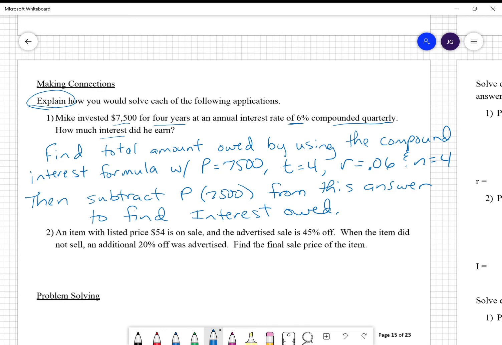Okay, an item with a listed price $54 is on sale and the advertised sale is 45% off. When the item did not sell, an additional 20% off was advertised. Find the final sale price of the item.